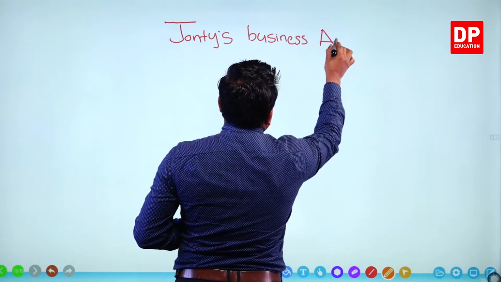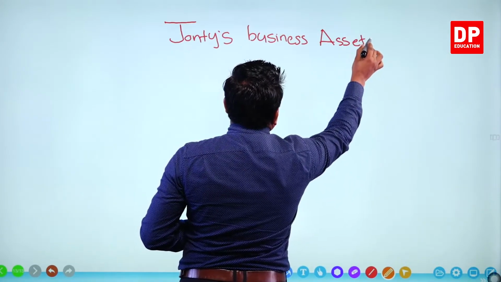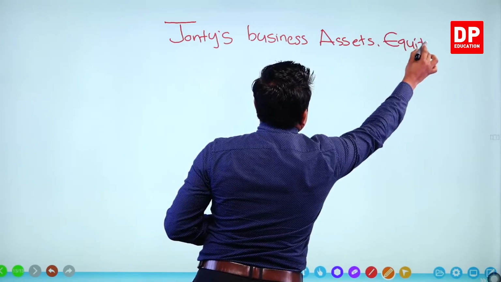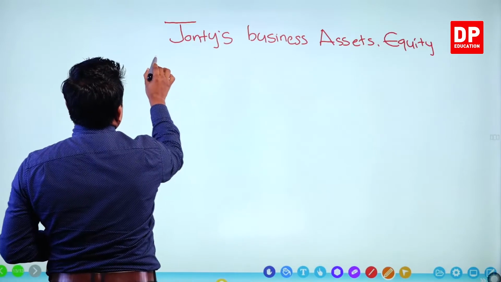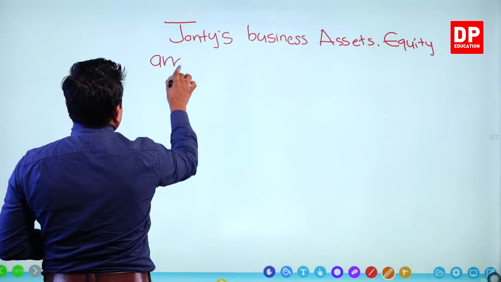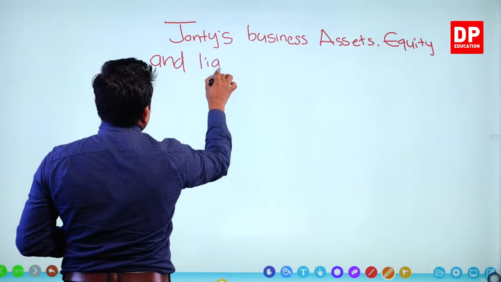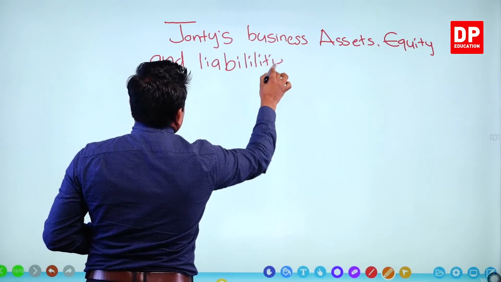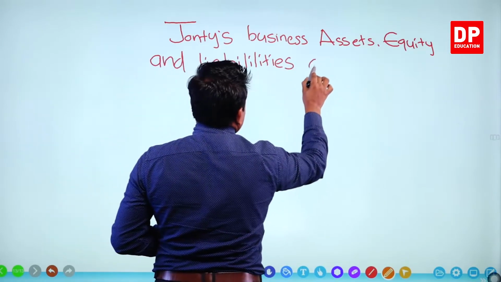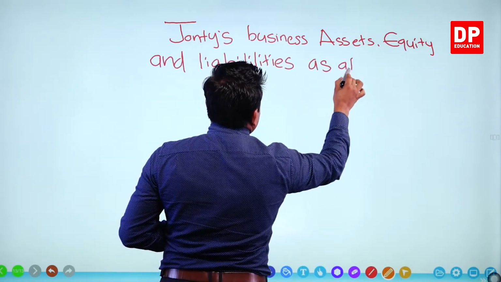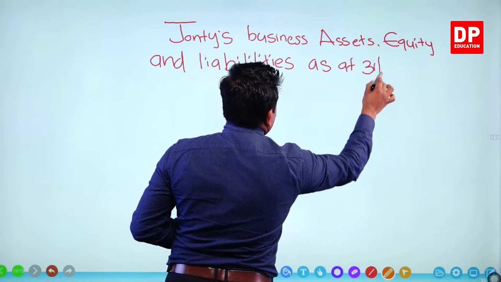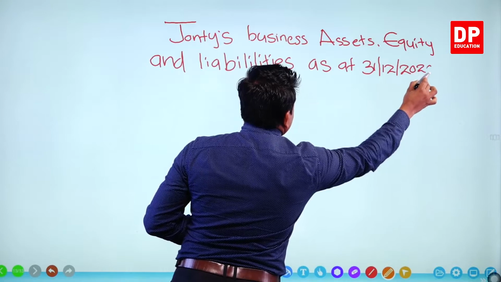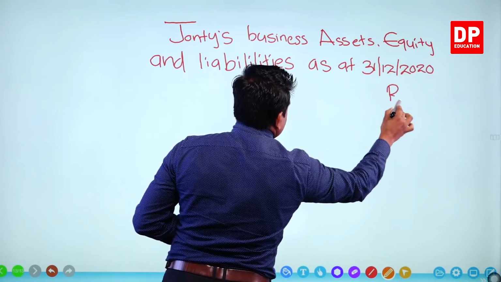Assets. Equity and liabilities. As at 31st December 2020. Right? These are the details, right?